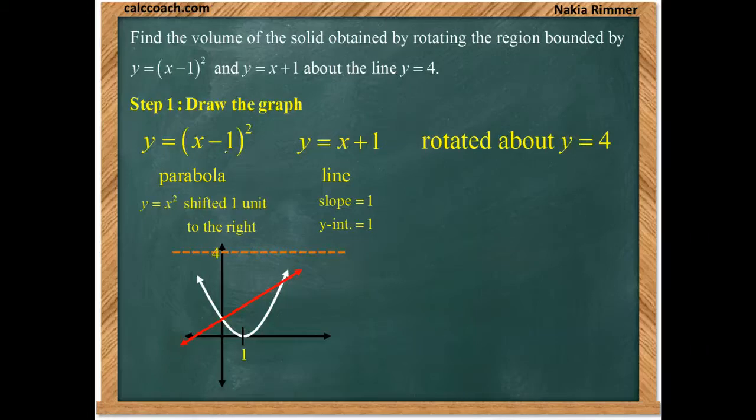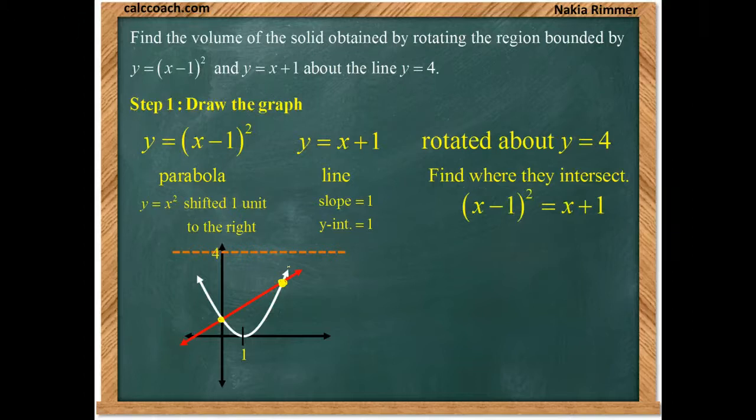In order to really solve this problem, what we need to find are the points where the two functions intersect each other. How do we do that? We set them equal to each other. Take the left-hand side and multiply it out and get x squared minus 2x plus 1.